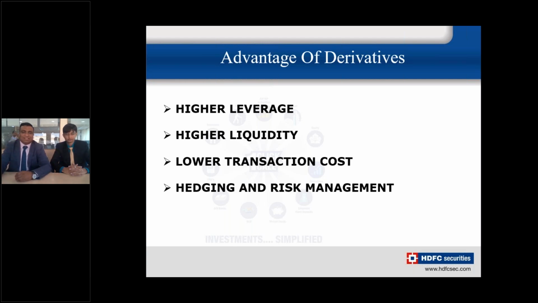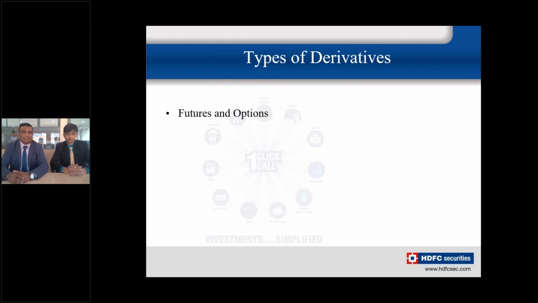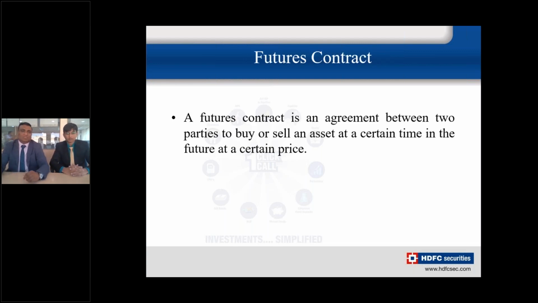As we discussed last time, in Indian equity markets, there are two types of derivatives available: futures and options. Let us recap what futures are. Futures is basically a contract, an agreement between two parties to buy or sell an asset at a certain time at a fixed price.